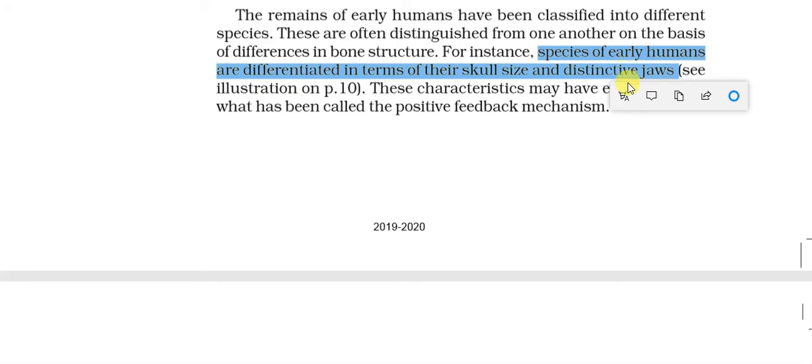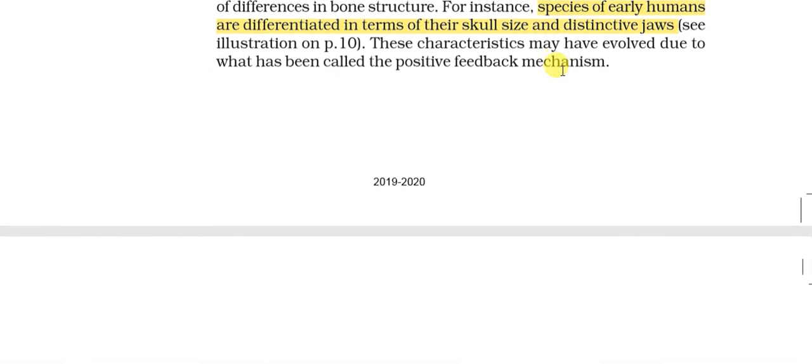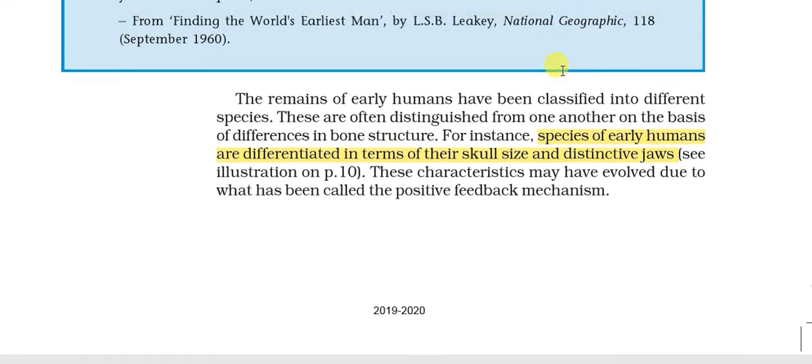We have already seen how Australopithecus and Homo were different. One had heavier jaws, the other had lesser jaws. One has a larger brain, the other has a smaller brain. When you have a larger brain, your skull size is increased. When you have a smaller brain, your skull size has decreased. So these are the characteristics on which we can distinguish species from each other, right?